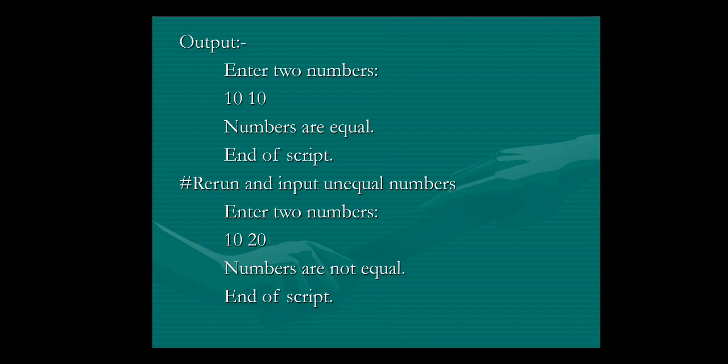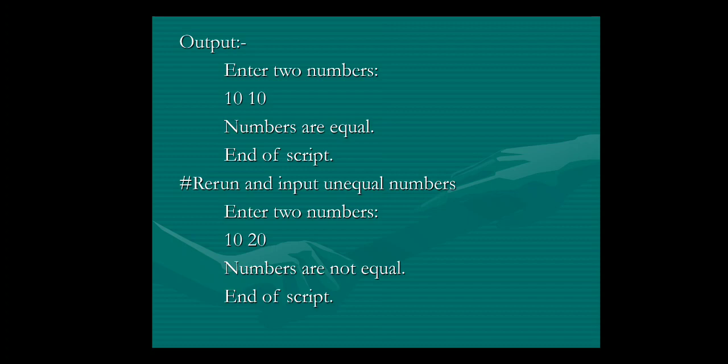Here we can see the output of this program. We have taken two numbers, 10 and 10, from the user, and since they are both equal, the expression of the if statement becomes true and the message that the numbers are equal got printed.